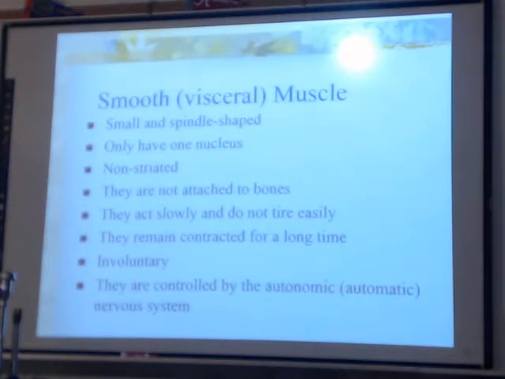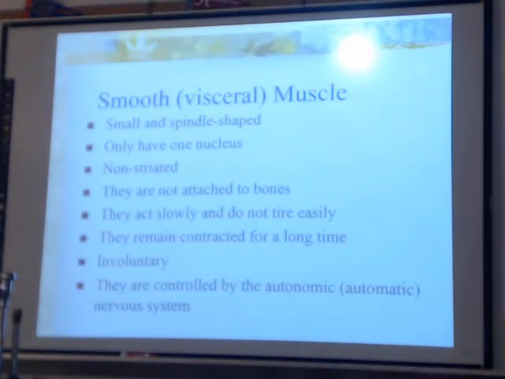They can remain contracted for a long time. Where your skeletal muscles would become tired and sore, smooth muscle doesn't. Smooth muscle is involuntary, and it's controlled by the autonomic nervous system.